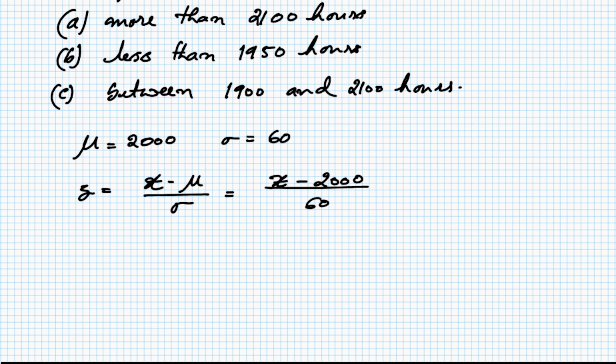From the given data, this problem does not follow the standard normal; it's a general normal curve with certain mu and sigma values, so we convert it into z. Now we can start solving the problems one by one.